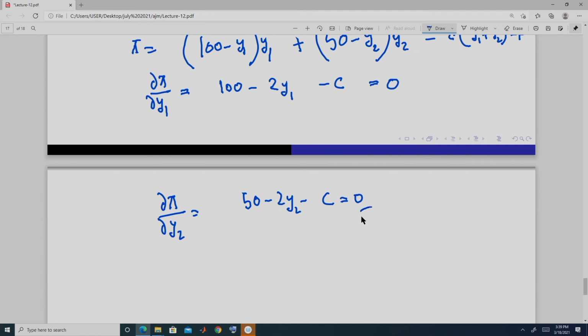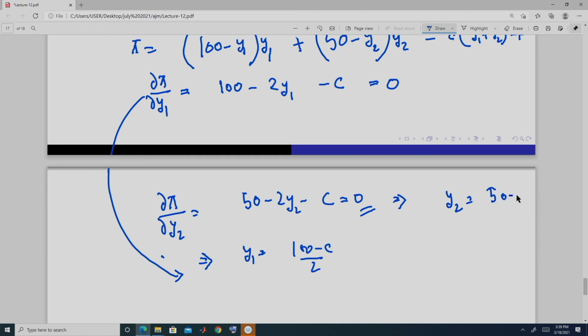This first order condition, the second first order condition. From this we will get that y1 is equal to 100 minus c divided by 2, and this will give that y2 is equal to 50 minus c divided by 2.